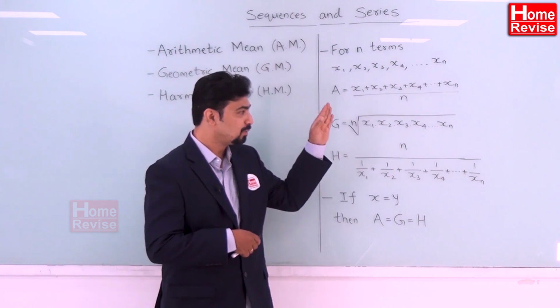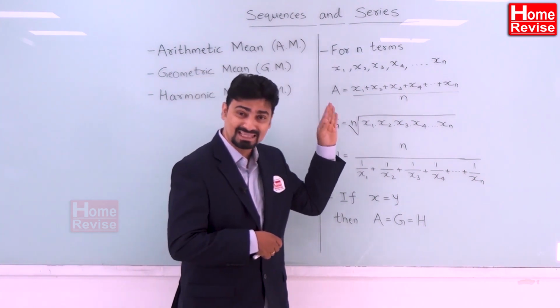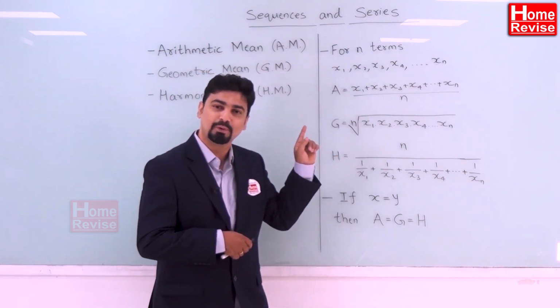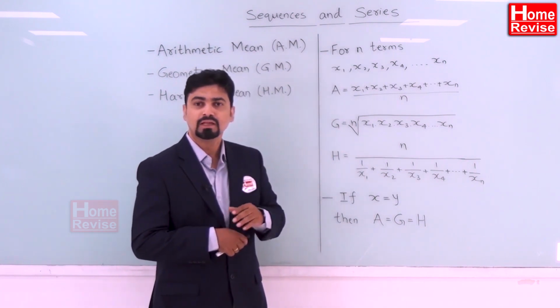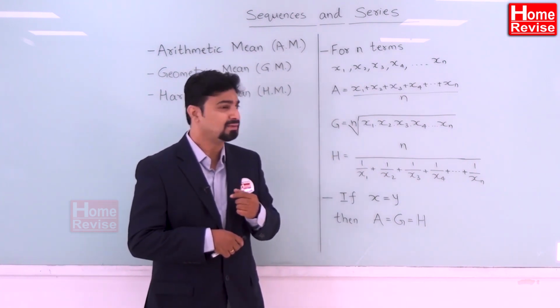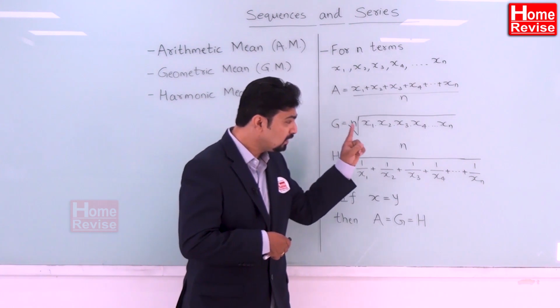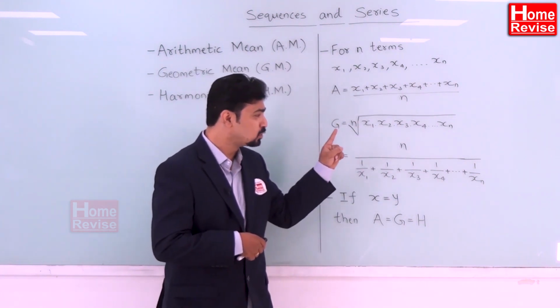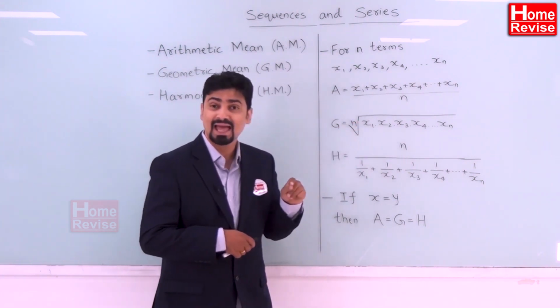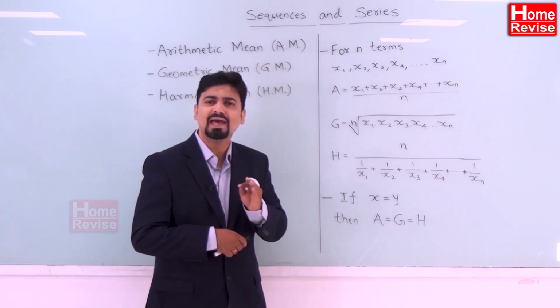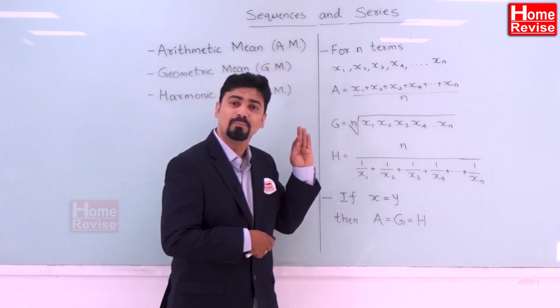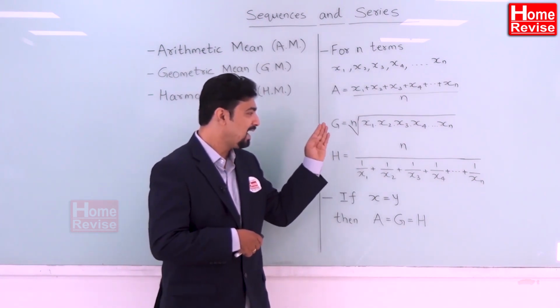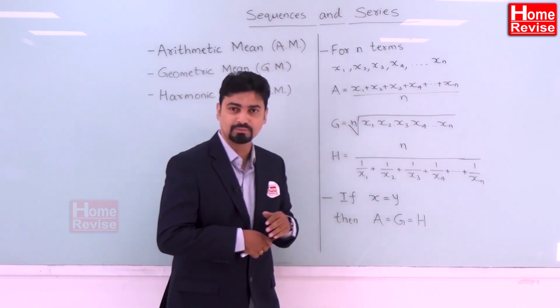That's x1 plus x2 plus x3 dot dot dot till plus xn whole divided by number of terms n. The GM or G will be nothing but the product of all those terms, that is x1 into x2 into x3 so on till xn, and we have to take the nth root of the product. Correct? So G will be the nth root of the product of all the terms.